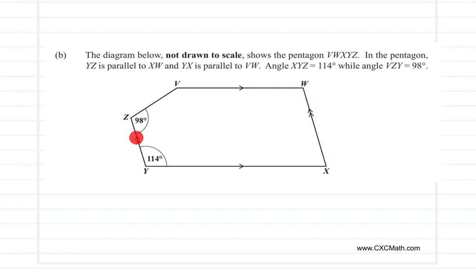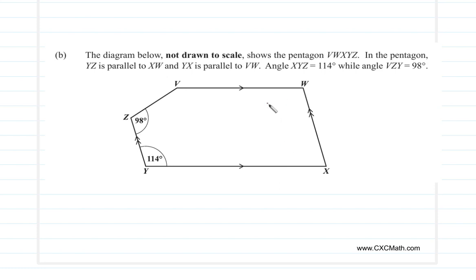So you can see two arrows here show that they are parallel. Alright? And YX is parallel to VW. One arrow on each shows that the lines are parallel.